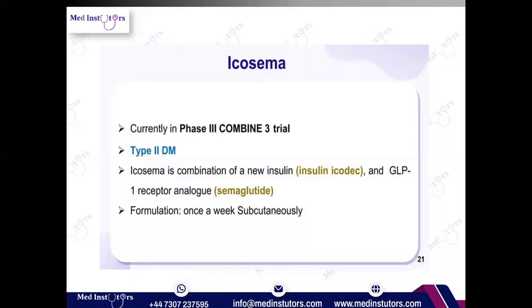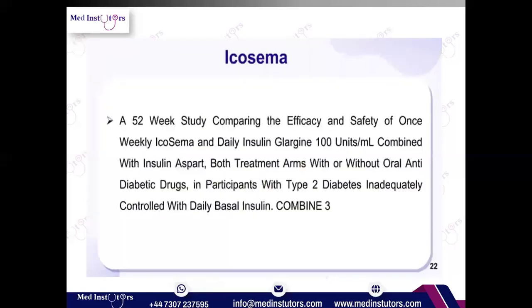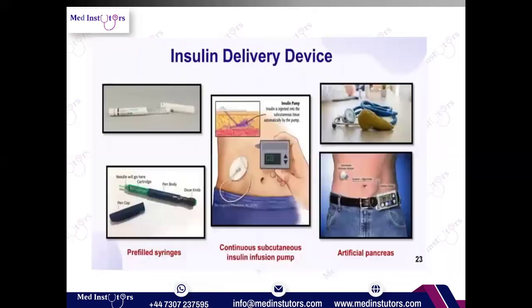And nowadays we have the oral form of semaglutide also available. Usually GLP-1 RAs are injectable forms only, but for semaglutide we have the oral form also. That's for another area of discussion. But icosema is a combination of insulin icodec and semaglutide. The trials have shown that the combined phase 3 trials are showing promising results about icosema.